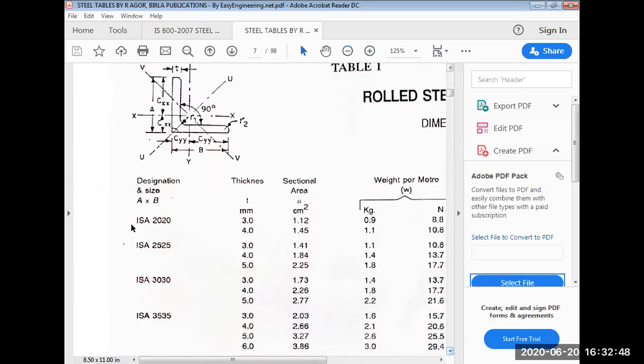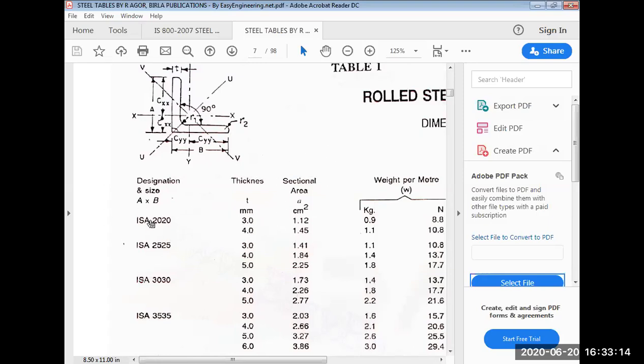You can see here ISA 2020 is nothing but A into B. A is the width of this vertical leg, B is the width of this horizontal leg. So 20 by 20 is 20 mm depth and 20 mm width. ISA, Indian Standard Angle. The thickness of that angle is 3 mm and 4 mm. Two angle sections with 3 mm and 4 mm thickness are available in market.